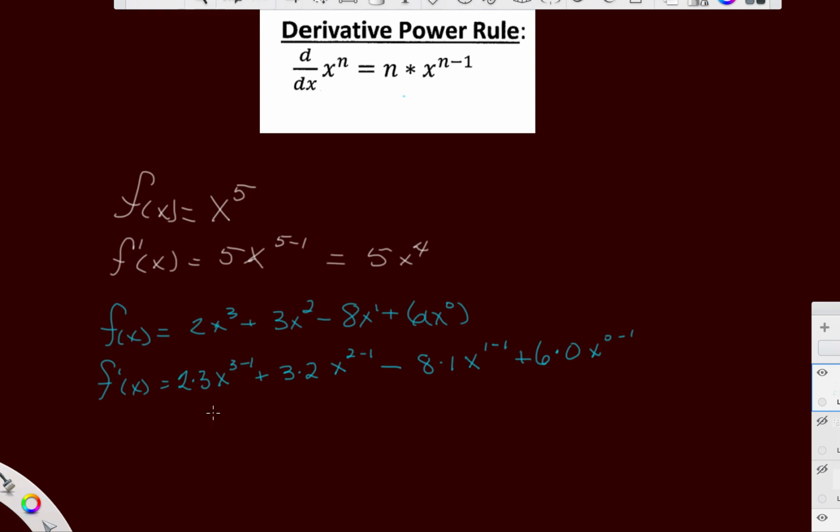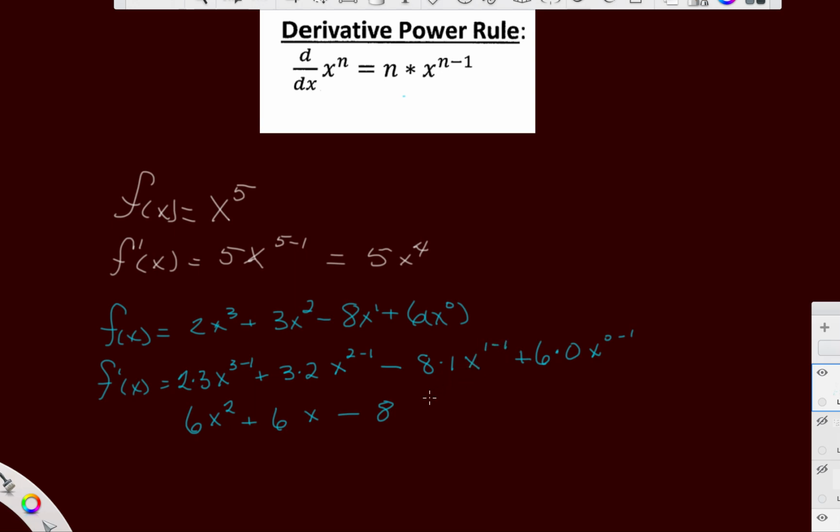So 2 times 3 is 6, x, 3 minus 1 is 2. 3 times 2 again is 6. X to the 2 minus 1 is just x. And then minus 8 times 1 is 8.